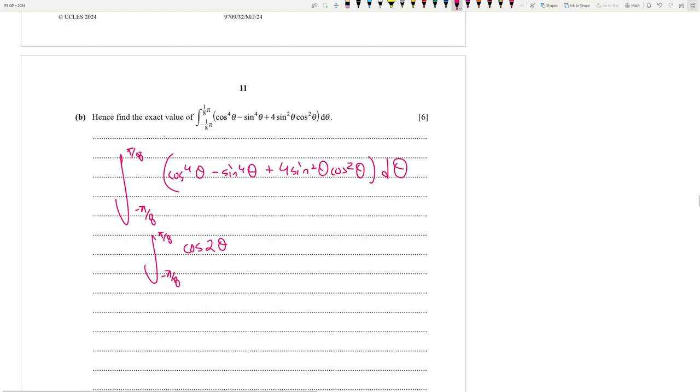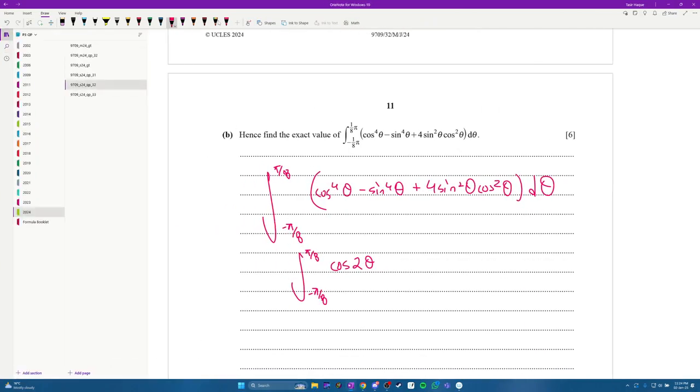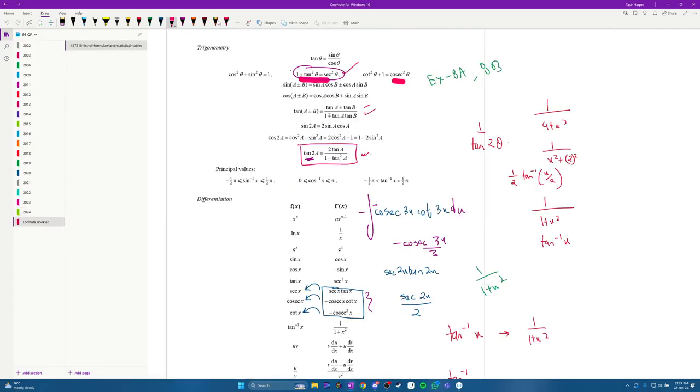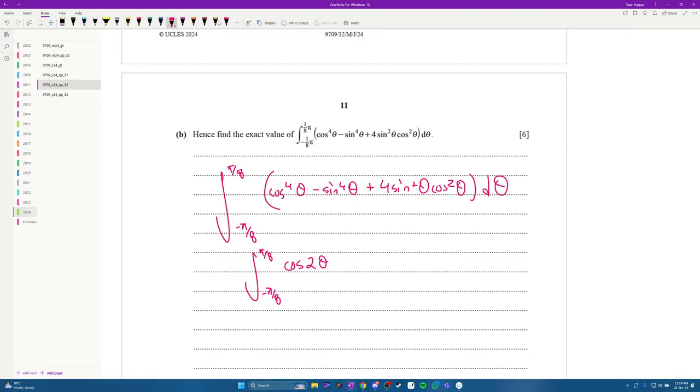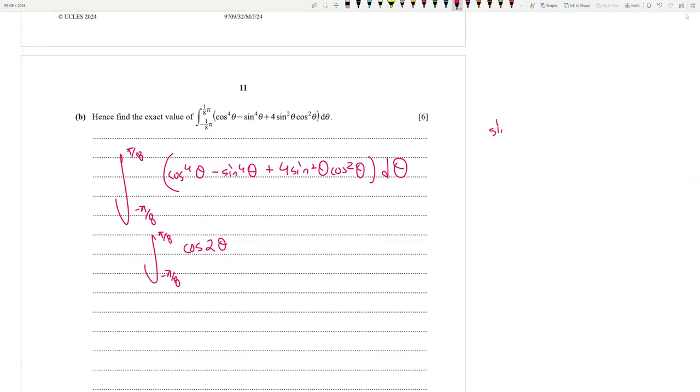Because check this. We know that sine 2 theta is equal to 2 sine theta cos theta. And what do we have here? This is basically 2 sine theta cos theta into 2 sine theta cos theta, right?